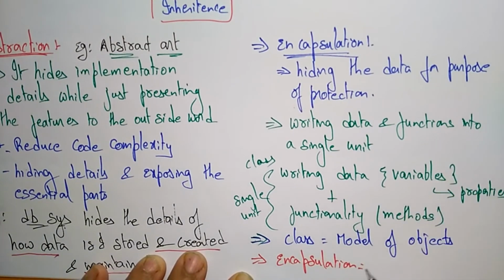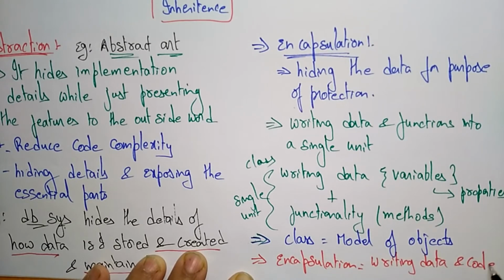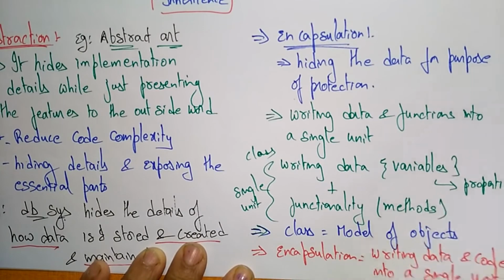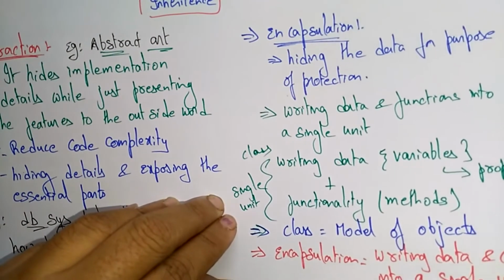Encapsulation is nothing but writing data and code into a single unit. So a class is a model of objects, whereas encapsulation is writing data and code into a single unit.